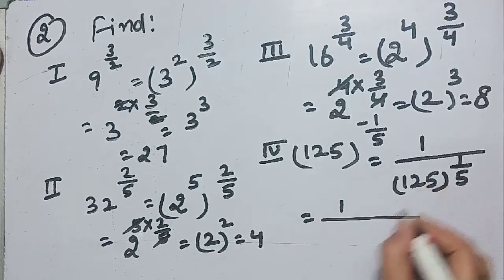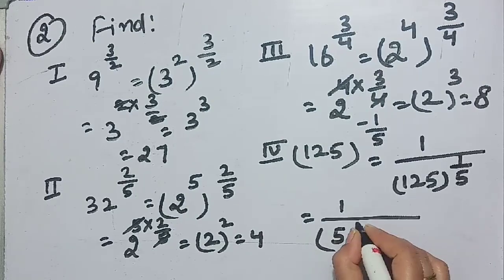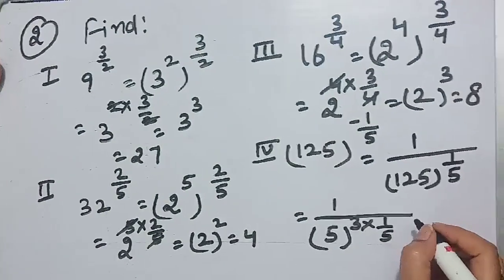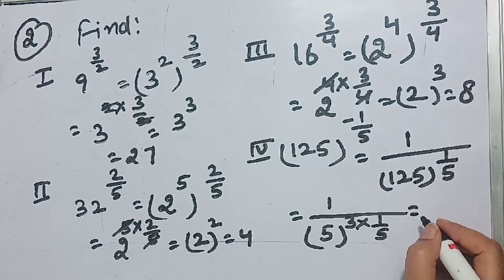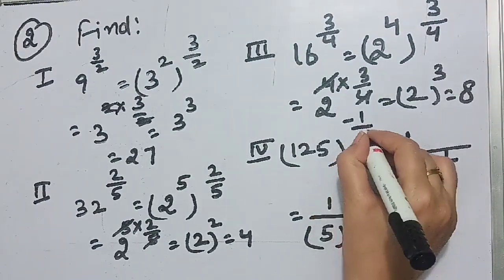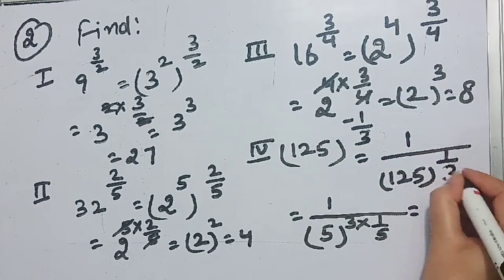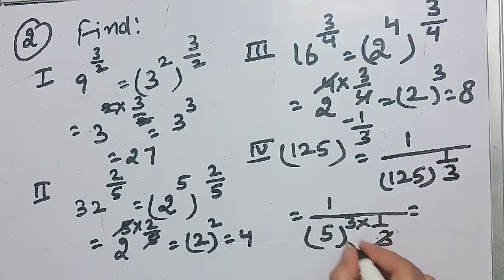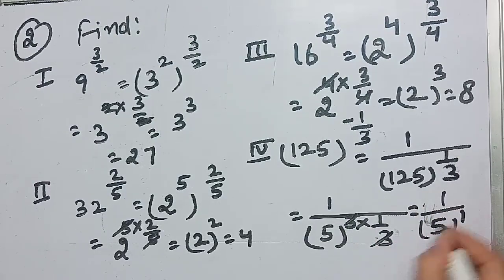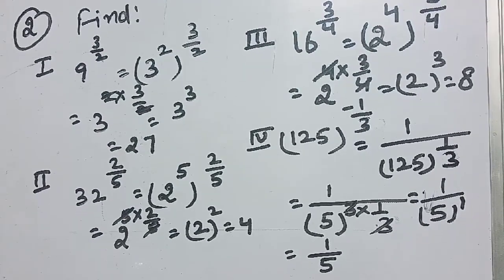Now 125 can be written as 5 cube, raising to power 1/5. Sorry, the power is 3. Now these 3 are cancelled. We will get here 1/5 power 1. The answer is 1/5. Now this second question containing 4 parts is completed.